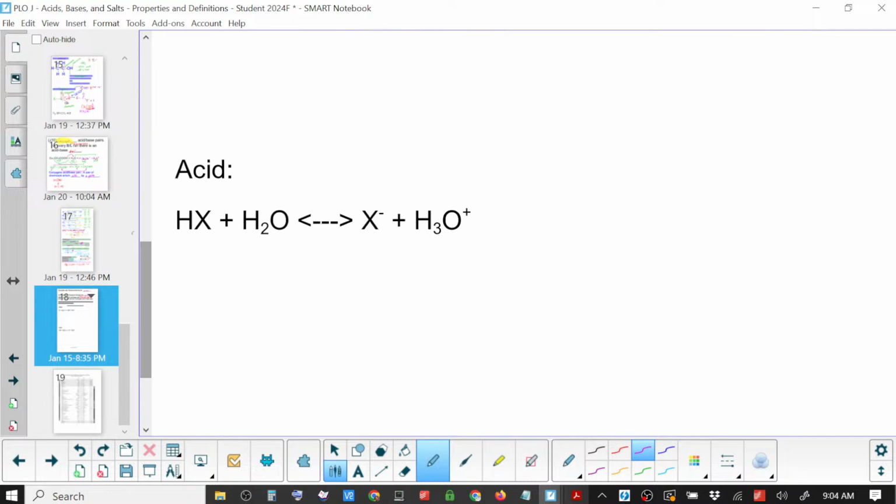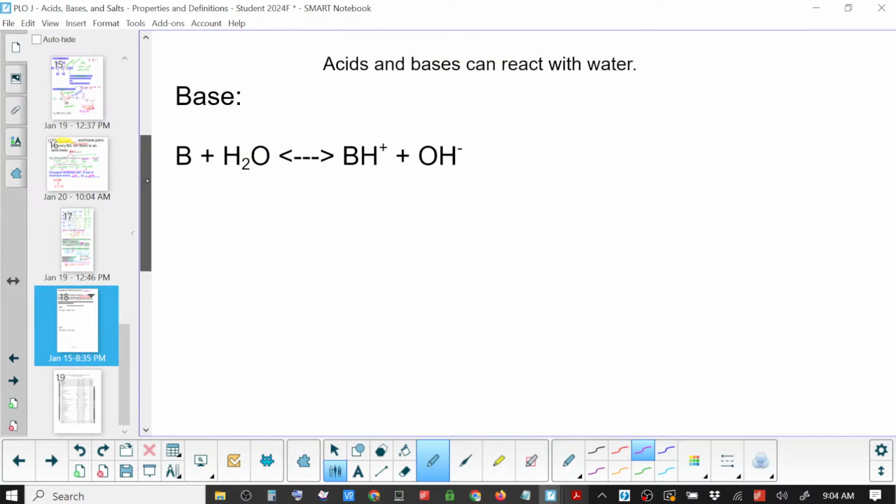For an acid, HX plus water goes to its more negative conjugate plus H3O plus. Every acid and base does this in water, even if they're not reacting with anything else. So let's write some reactions.